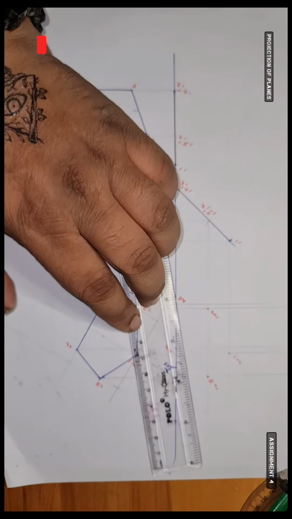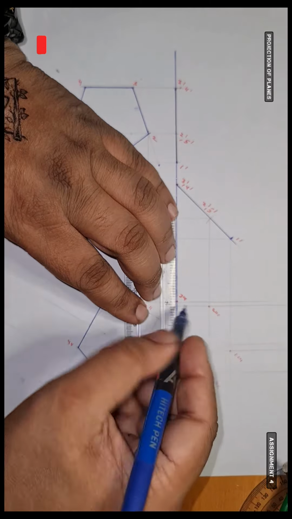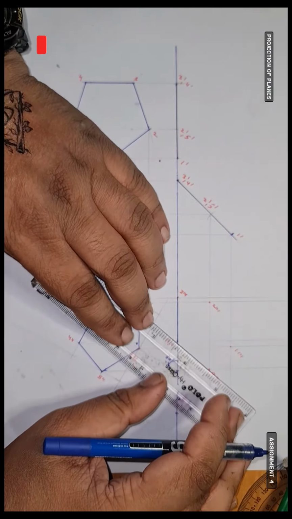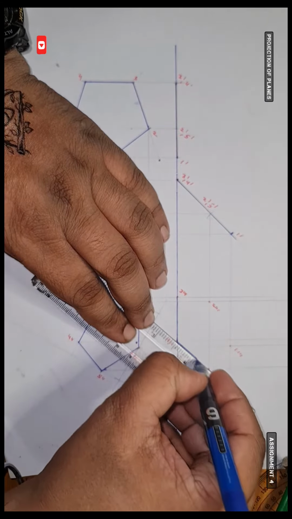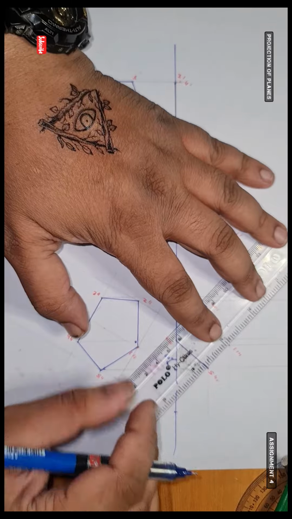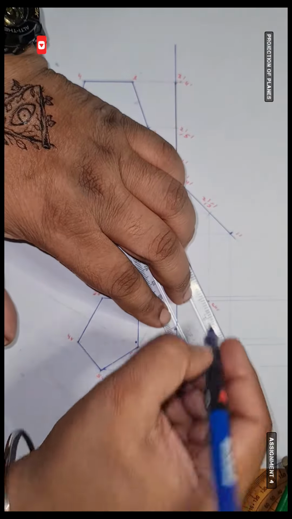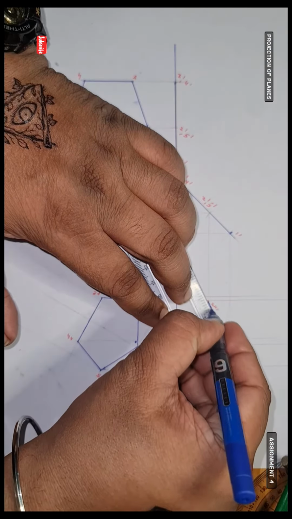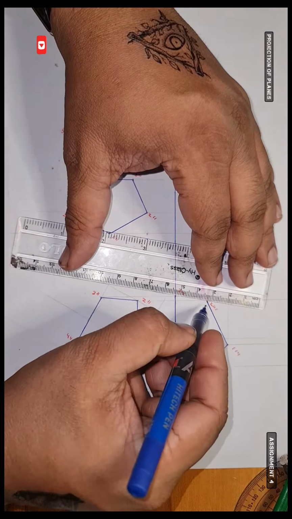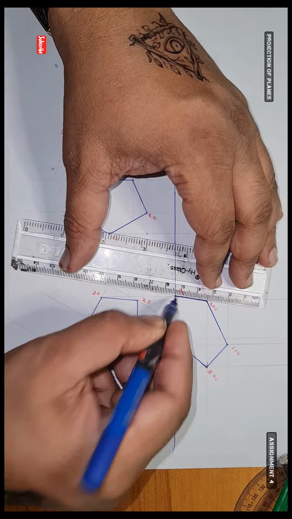Now you join all the points. Okay, you will get a pentagonal shape like this from the front side.